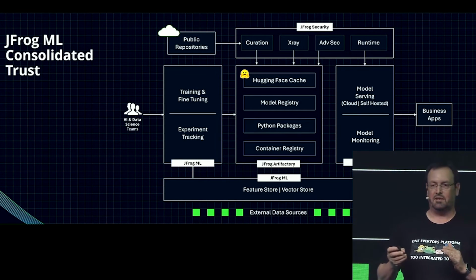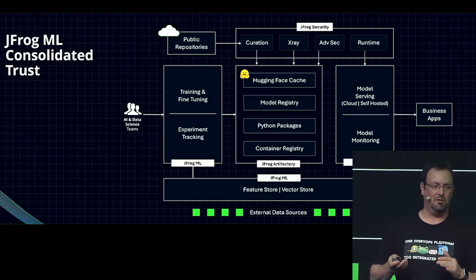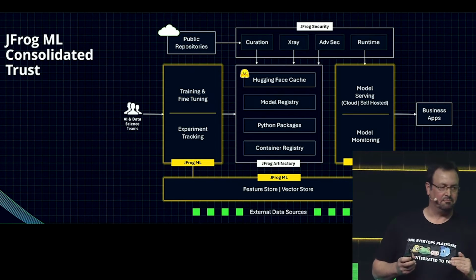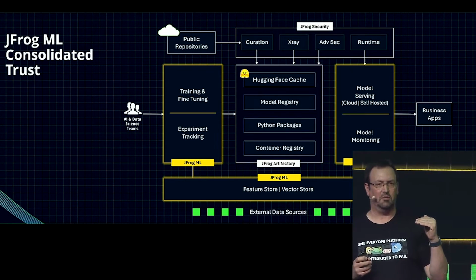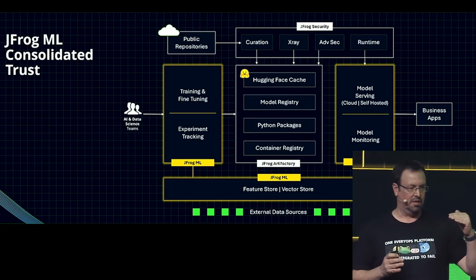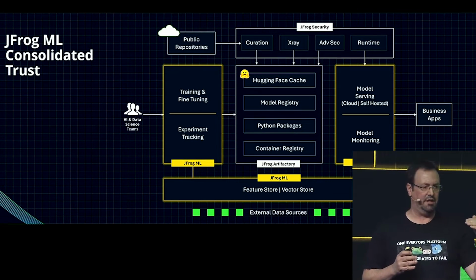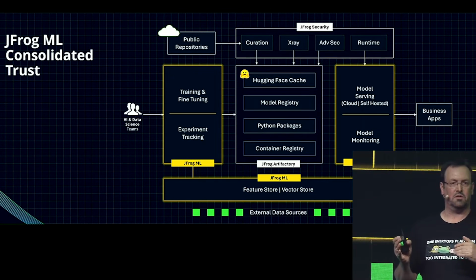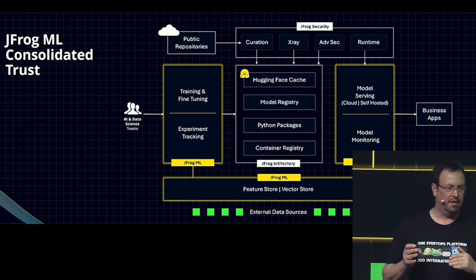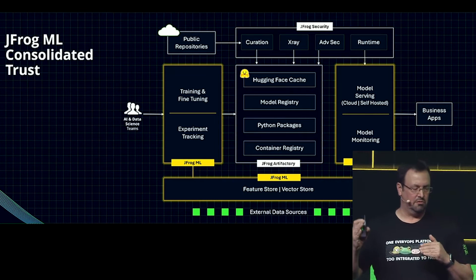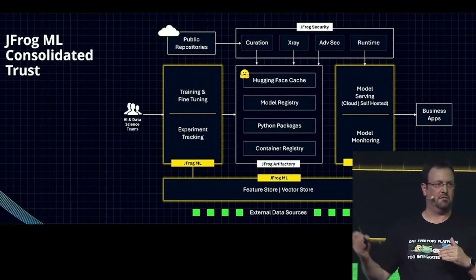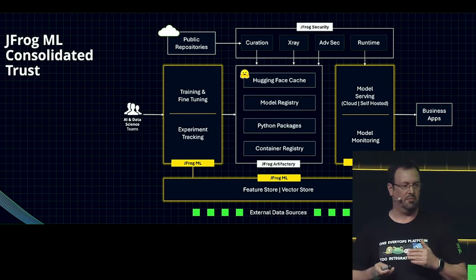So if we want to look at what it looks like in the JFrog platform, the yellow parts, the JFrog ML now, is everything you need to get a model to production. It's a full end-to-end solution with training and fine-tuning, experiment tracking, feature store and vector store for your data, and model serving. So you can actually serve the model, and model monitoring. Once it's served, you get the feedback loop so that you can keep improving.